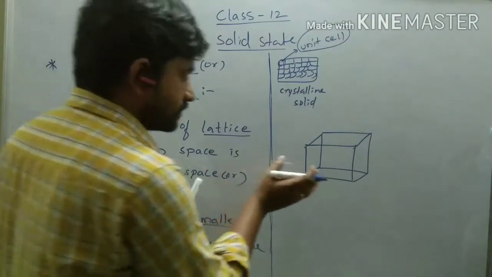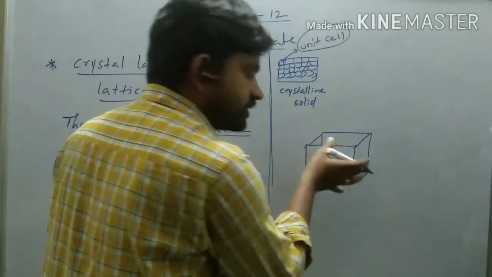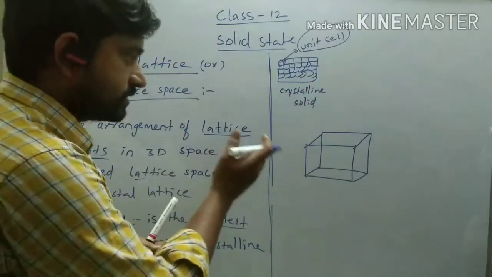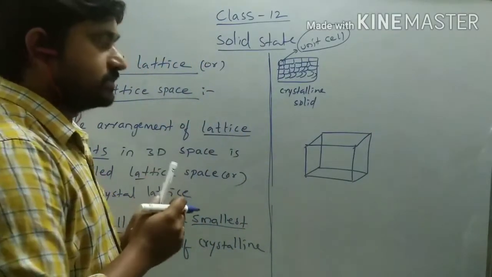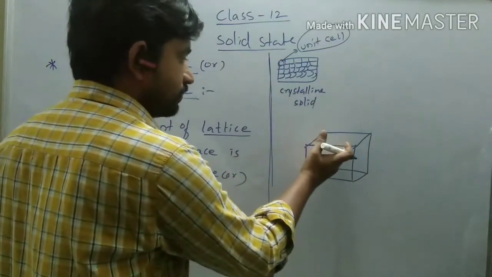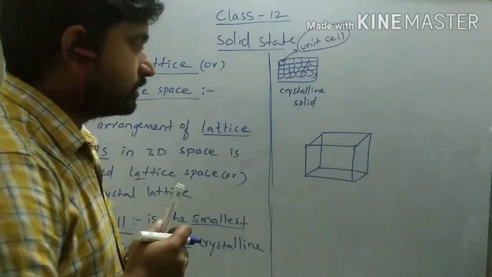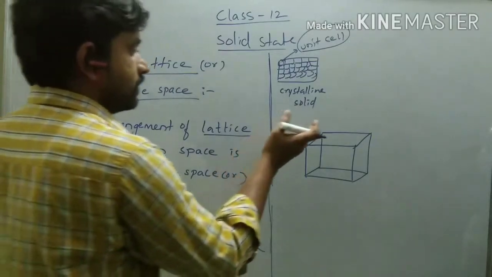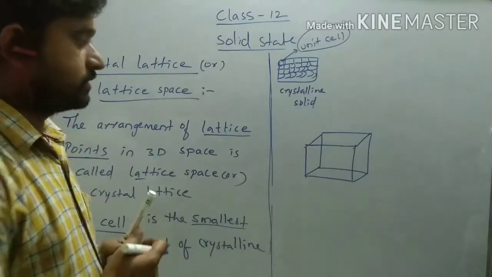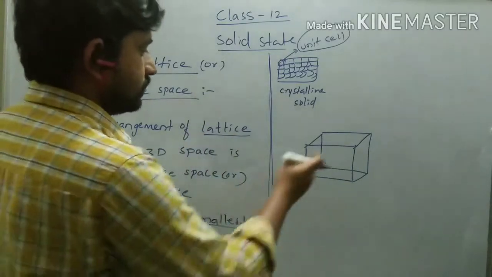We are going to discuss how many corners are there in this unit cell, and face centers and edges, the body center, and body diagonals and face diagonals.